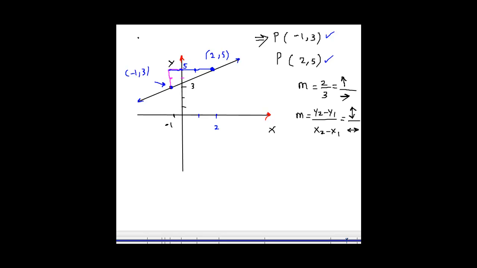So when I say the slope is 2/3, it means from any point on the line, if I move 3 units to the right and 2 units up, I get back to another point on the line. Does that make sense? So that's what it means by slope being 2/3. Okay, any questions, anyone on this one?